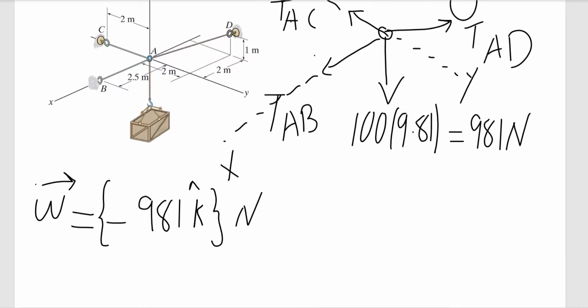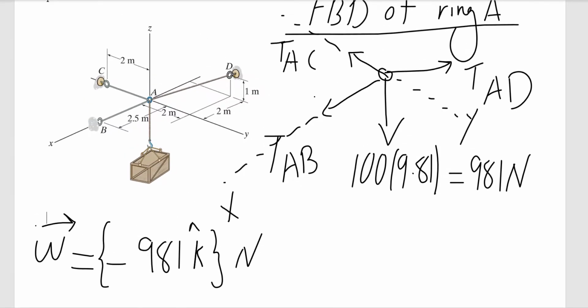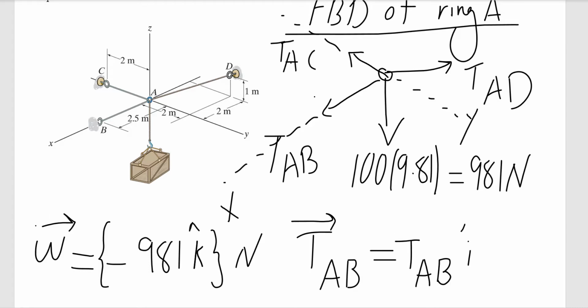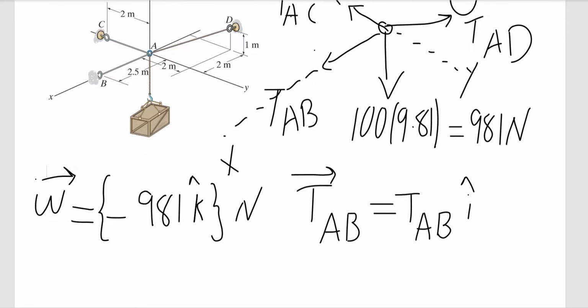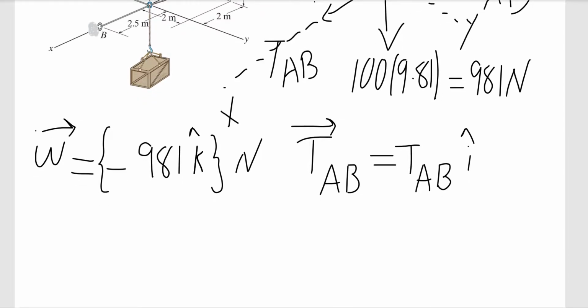For the force TAB, I don't have the magnitude, but I have the direction. I know it's towards positive X, so the vector would be simply TAB i, and TAC is in the opposite direction of Y, so TAC would be negative TAC j.